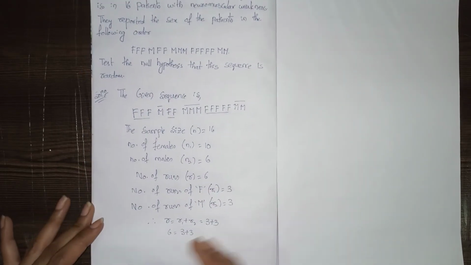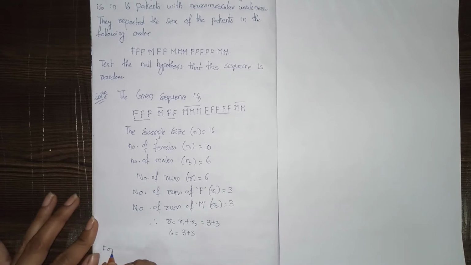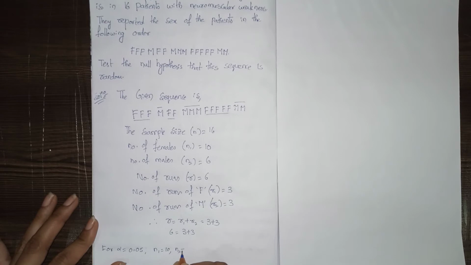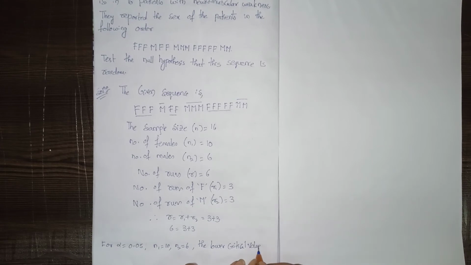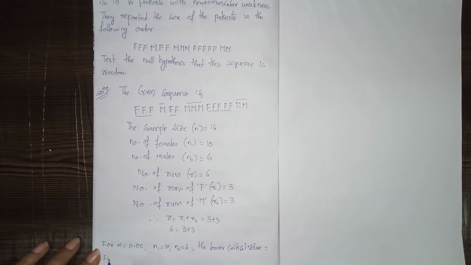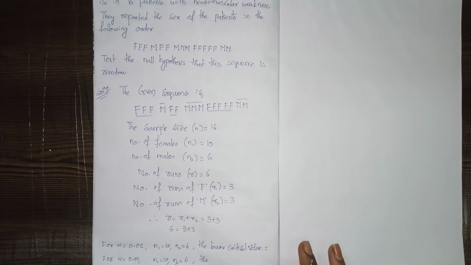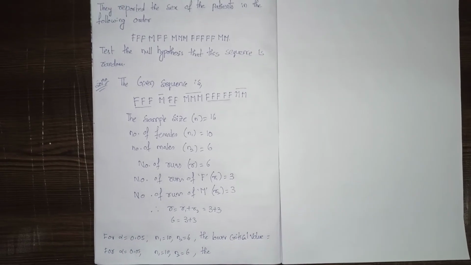For alpha equals 0.05, n1 equals 10, n2 equals 6, the lower critical value equals, and next, the upper critical value.